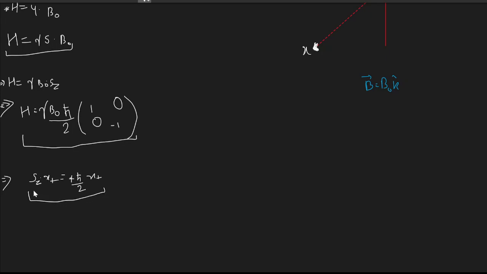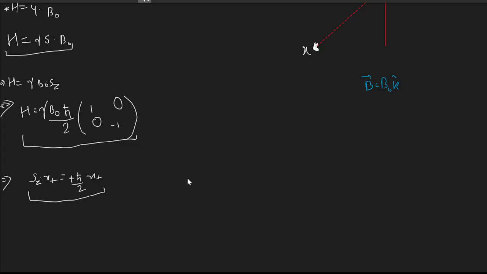What does this mean? This means that when we apply S_z, the corresponding operator to find the spin in the z direction, to our spin state x plus, where x plus means the particle is spin up, the result is going to be in the z direction.